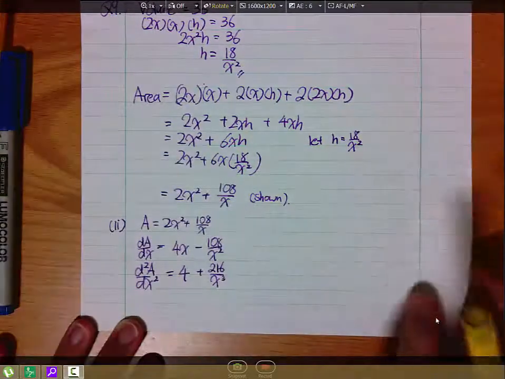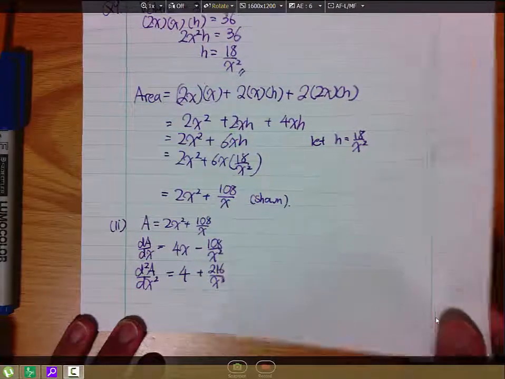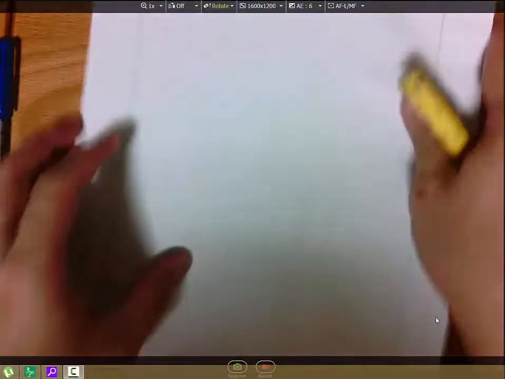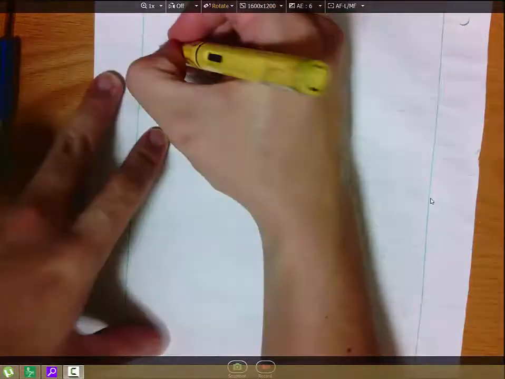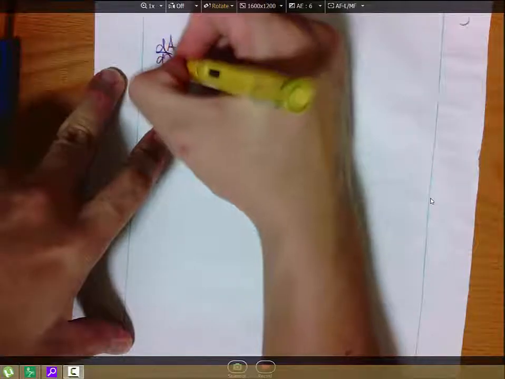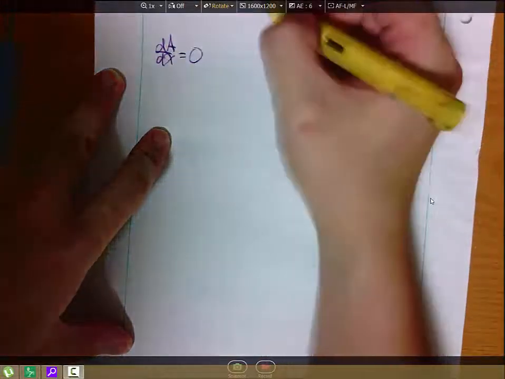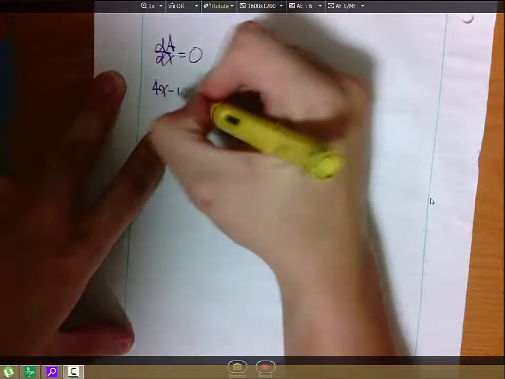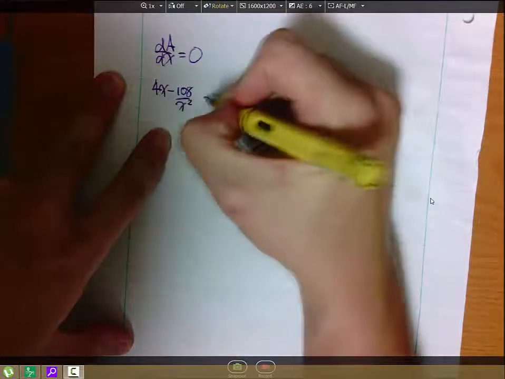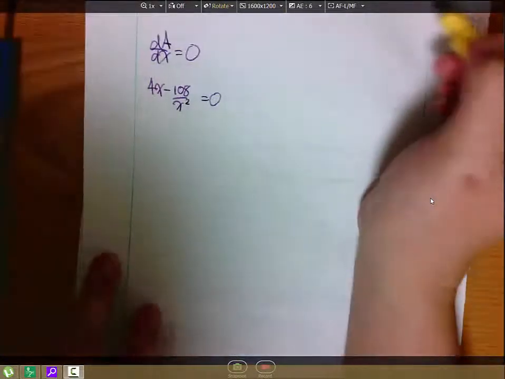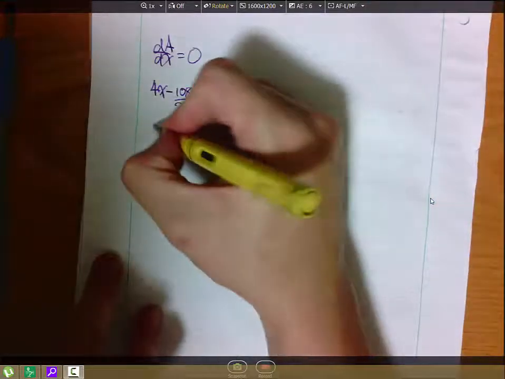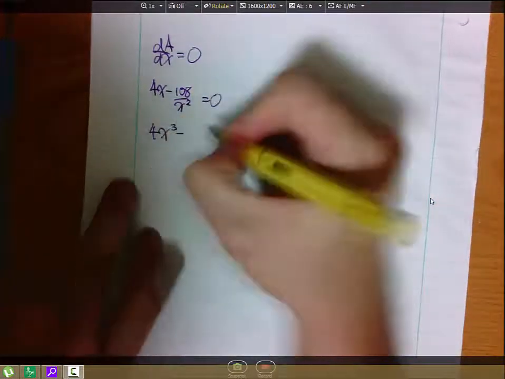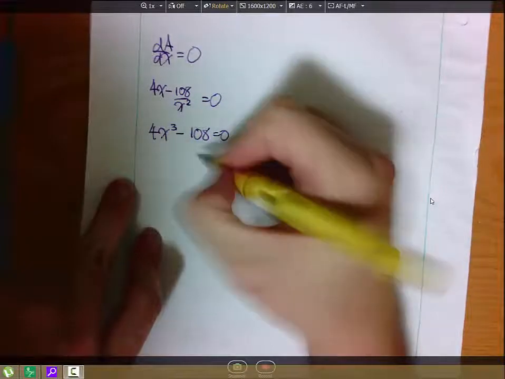Now I already have my first differential and second differential. As we have learned in the previous chapter, in order to find the turning point, I let my first differential be equal to 0. So 4x minus 108 over x squared is equal to 0. To solve this, I multiply throughout by x squared. I get 4x cubed minus 108 is equal to 0.